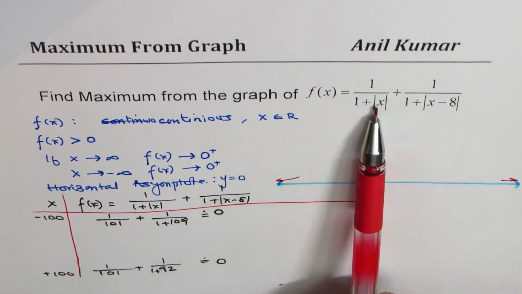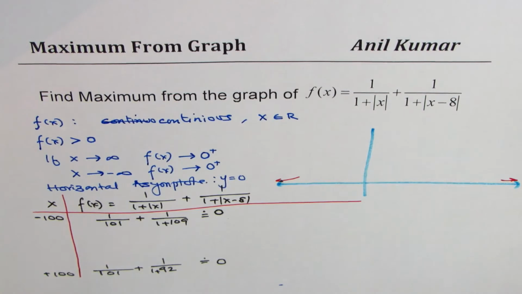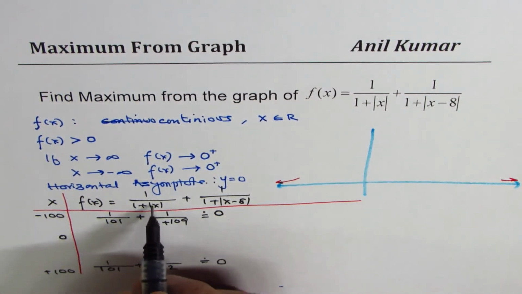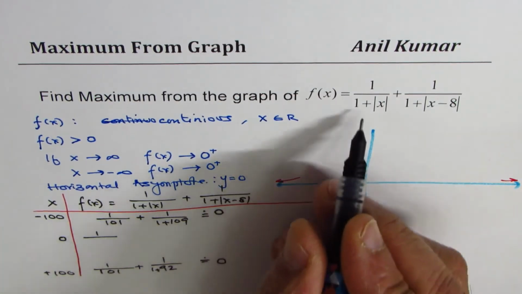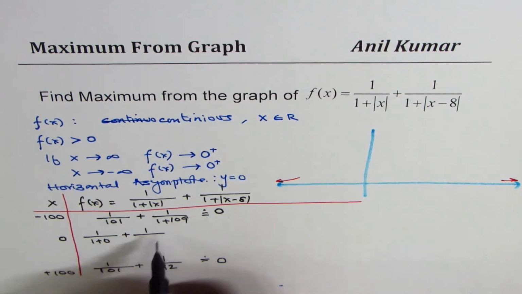Now there are some critical numbers to look into. One of them is x equals 0. If I substitute x equals 0, what do I get? That is 1 over 1 plus 0, plus 1 over 1 plus 8, right?